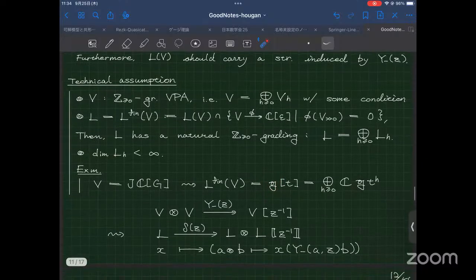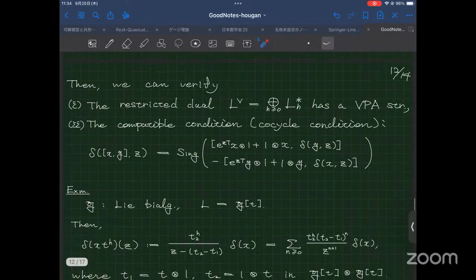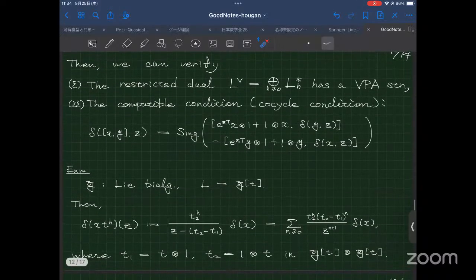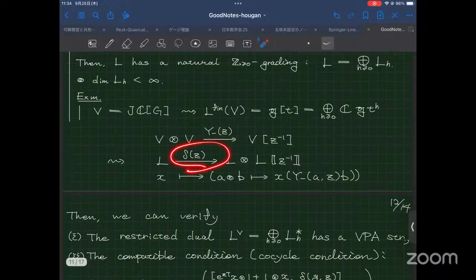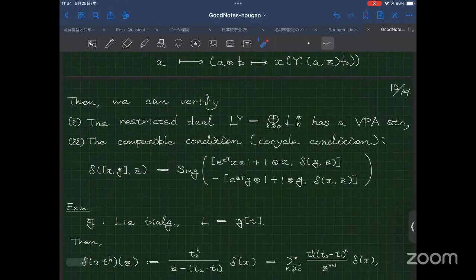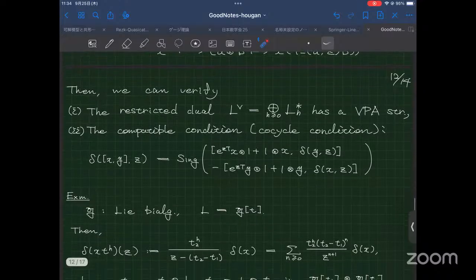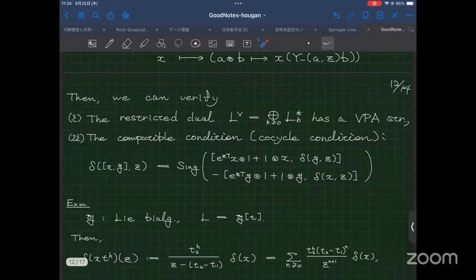So then we can obtain the induced map. For this coproduct, delta z, we can verify that the Lie algebra has a vertex Poisson algebra structure and the compatibility condition. For example, g is a Lie bialgebra and L is polynomial with coefficients in g.